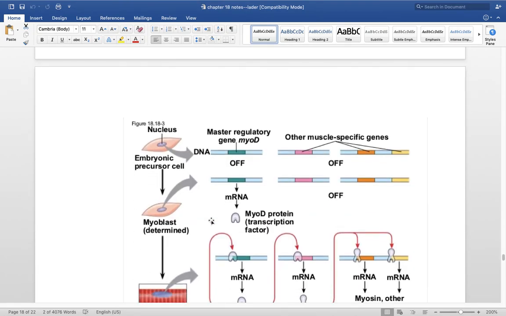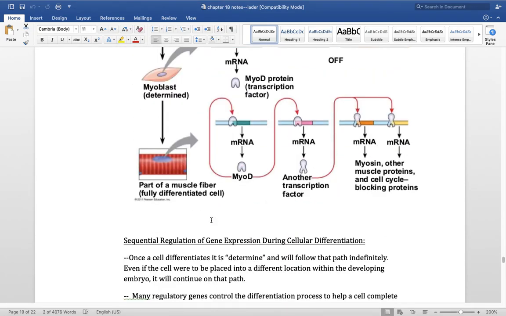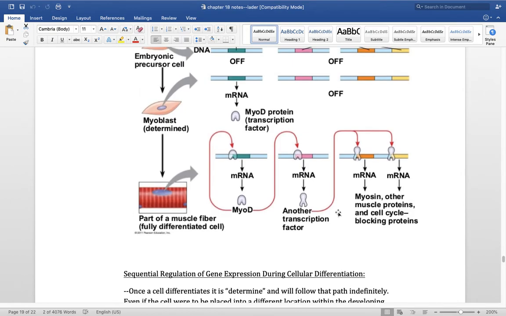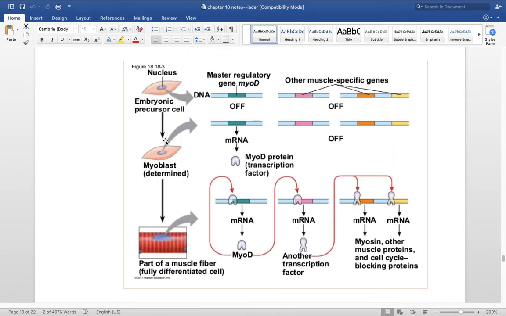Okay. This is called the sequential regulation of gene expression. So the step-by-step method of getting down to it. So this is how proteins like myosin are expressed, okay, in a muscle cell. And this is a cytoplasmic determinant right here.